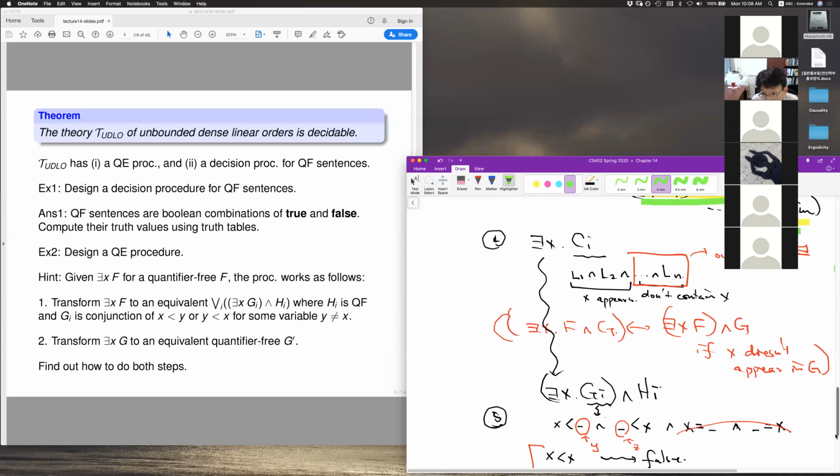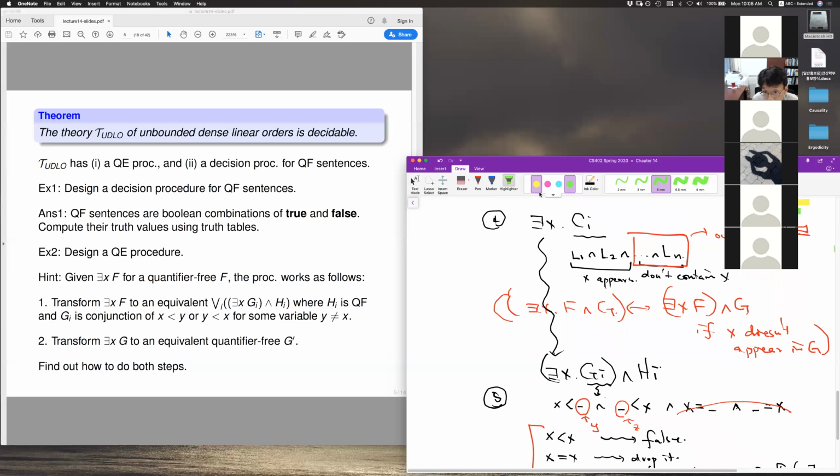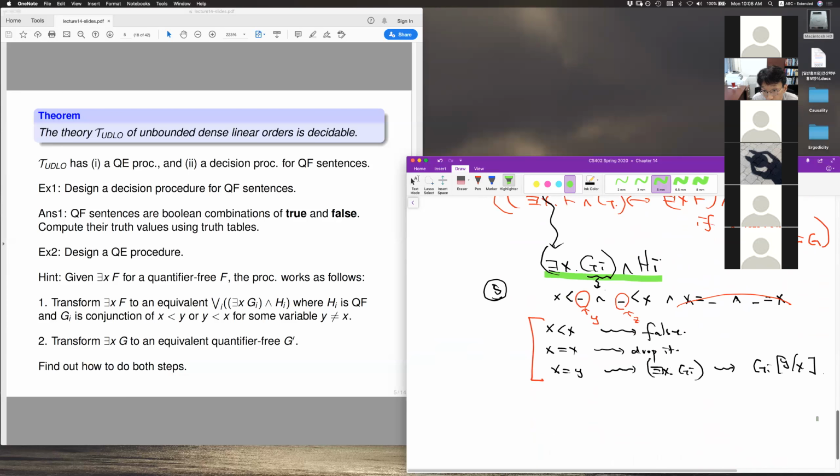Fourth, for each of these existentially quantified parts, we take the X-free part from inside the existential quantification to the outside. And finally, we do the post-processing to get rid of certain formulas like X less than X, X equal to X, X equal to Y. If we do all of this, we end up with the formula described on the screen.